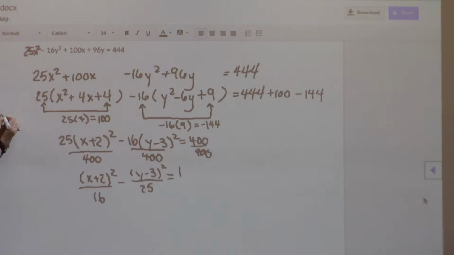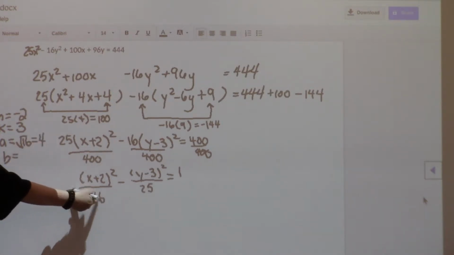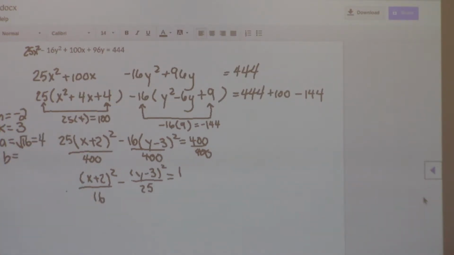So now from this we need H, K, A, and B. So what is H? -2. K is? 3. A, yep, it's going to be the square root of 16, which is 4. This is A squared, and what is B?